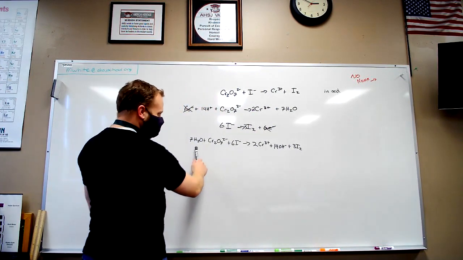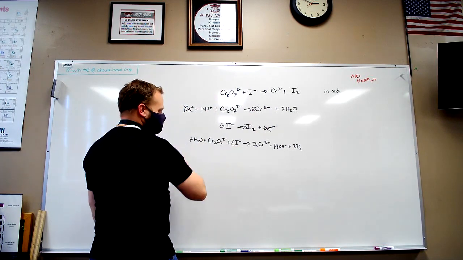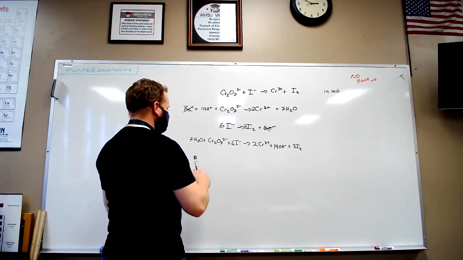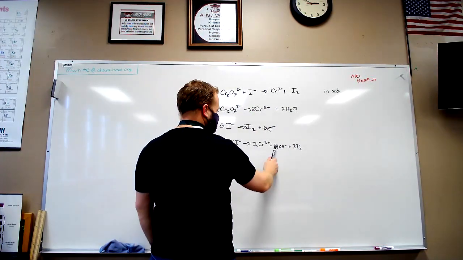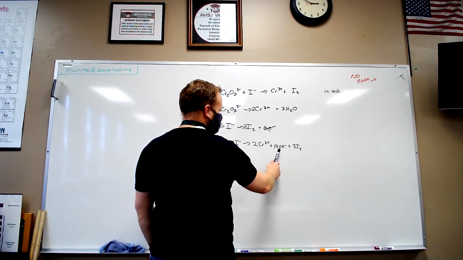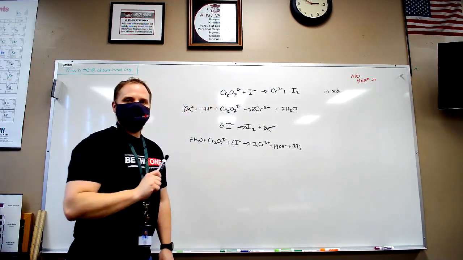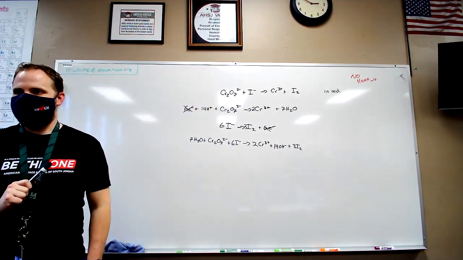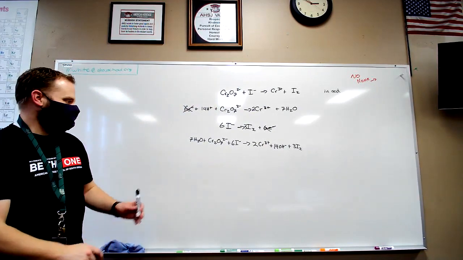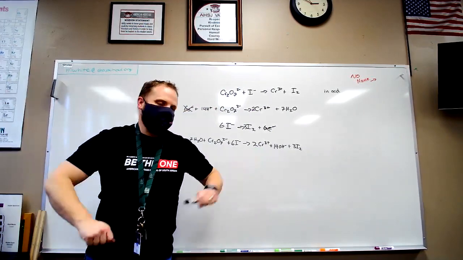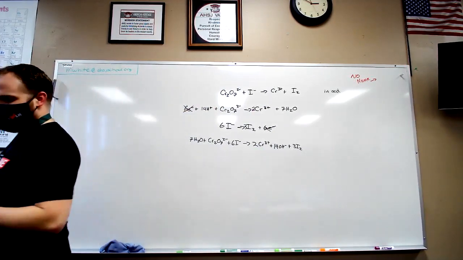The charge on this side is -8. Charge on this side, so we have 6 plus -14, which is -8. And this is now in basic conditions instead of acidic.